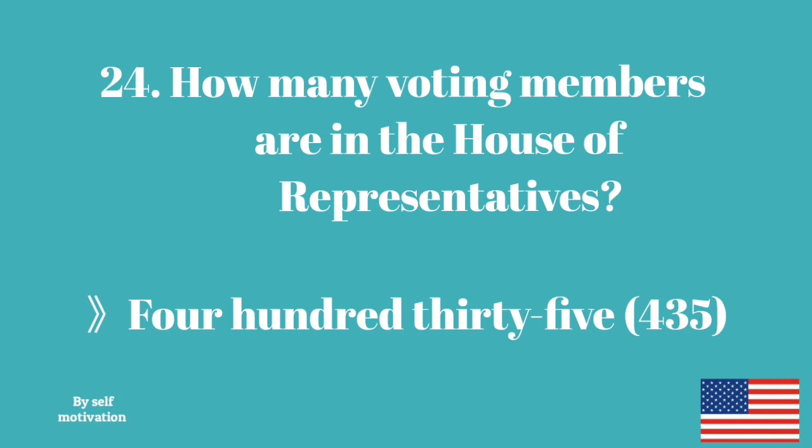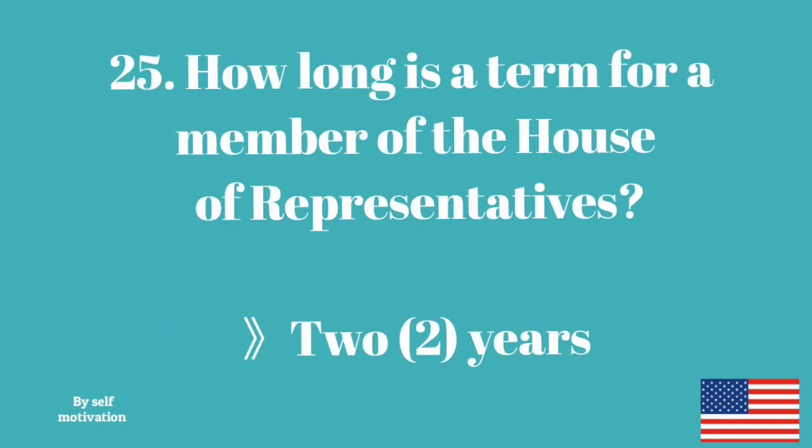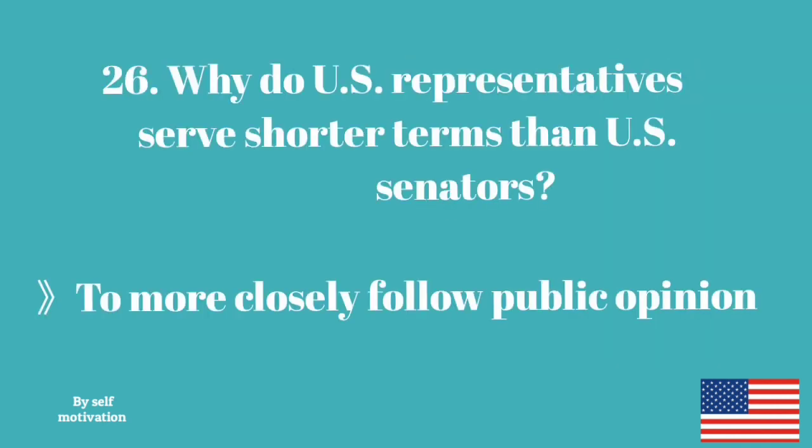How many voting members are in the House of Representatives? 435. How long is a term for a member of the House of Representatives? 2 years. Why do U.S. representatives serve shorter terms than U.S. senators?